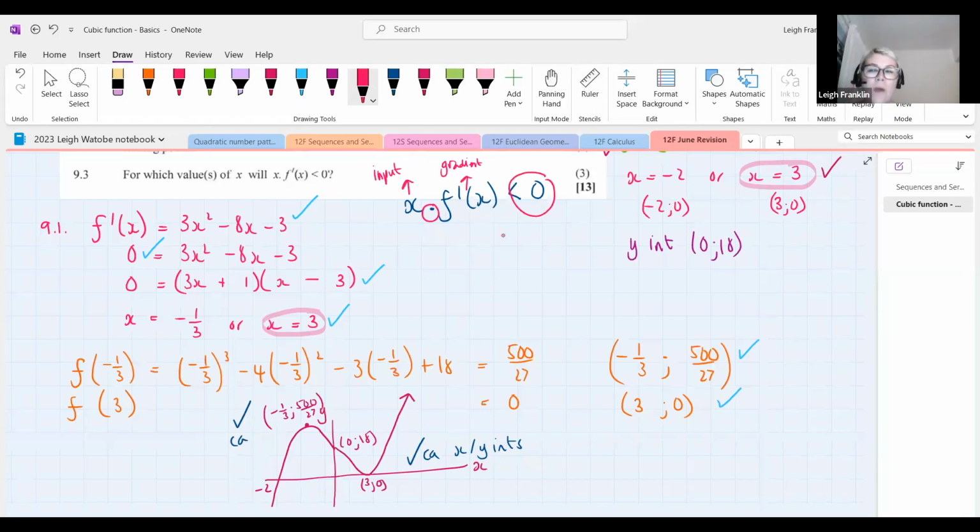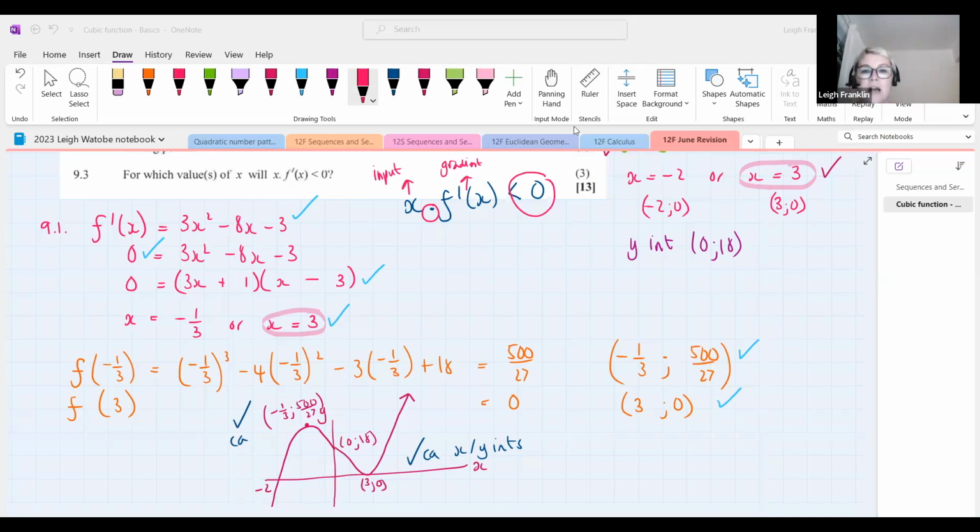So think back to grade 8. When you multiply two numbers together, how do you get a negative? There we go.